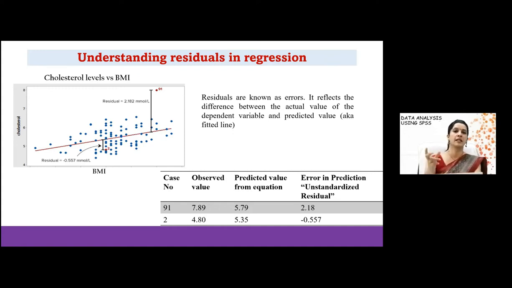So predicted minus mean, divided by standard deviation, is the standardized residual. Basically to compare, we do it like this. And the unstandardized is the raw one.